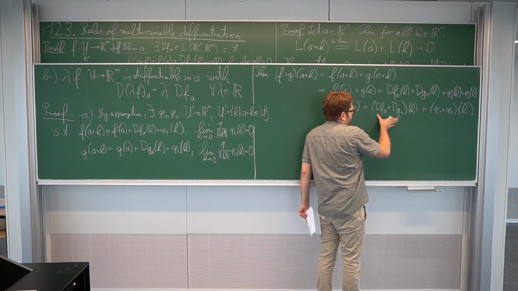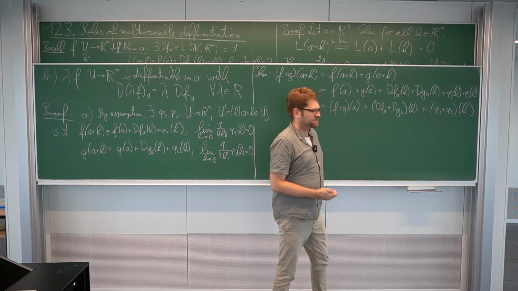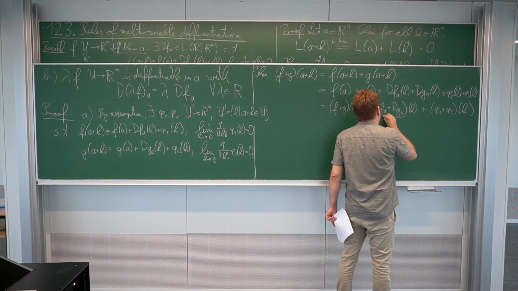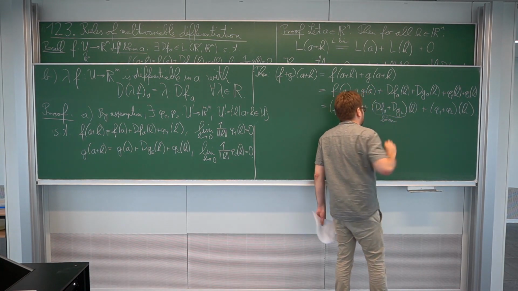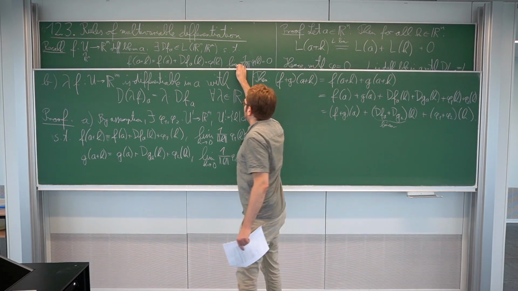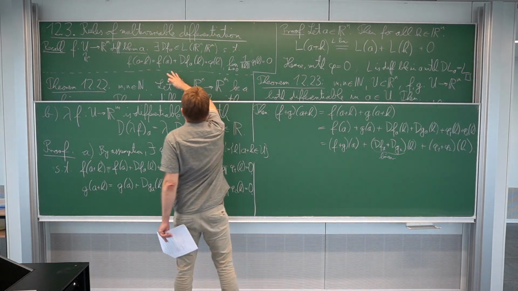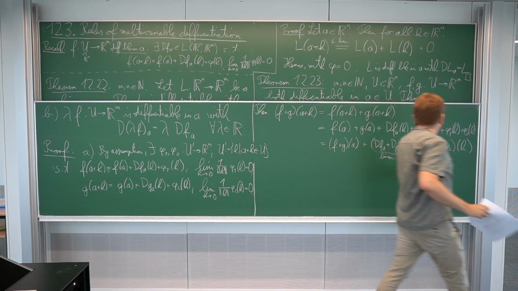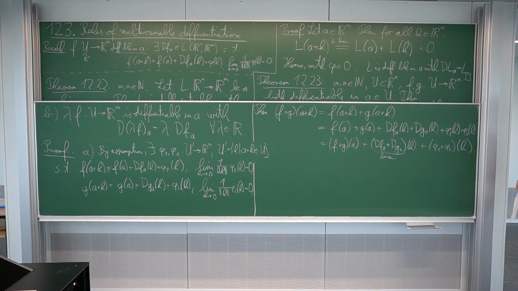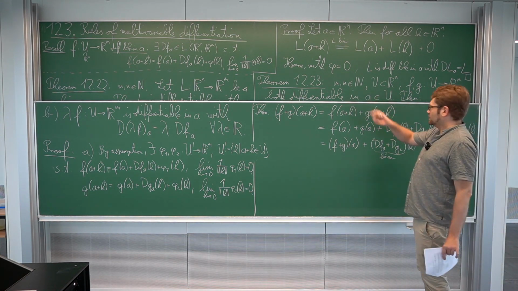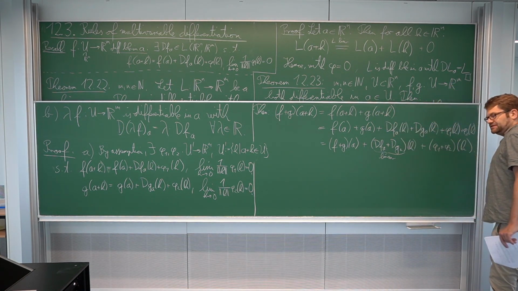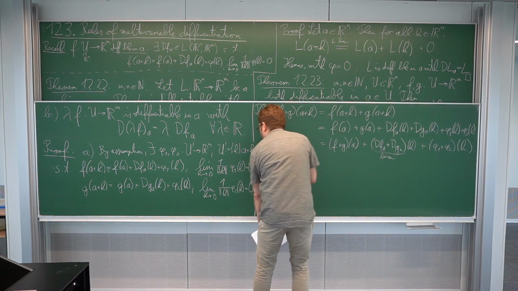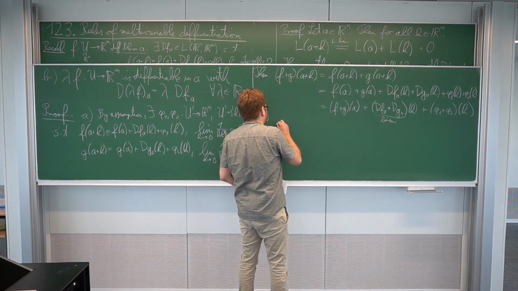So this is the sum of two linear maps, so this is a linear map. So the only thing that remains to be shown for such an equation to hold is that this here again has the property that the limit vanishes. So the limit of 1 over the norm of H times this vanishes. But this is clear since we already know that these two guys vanish.